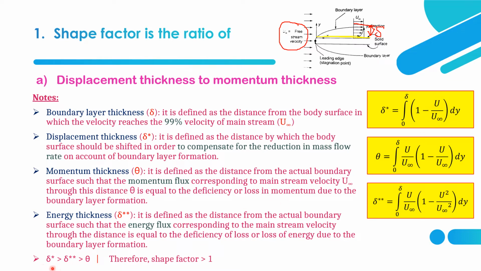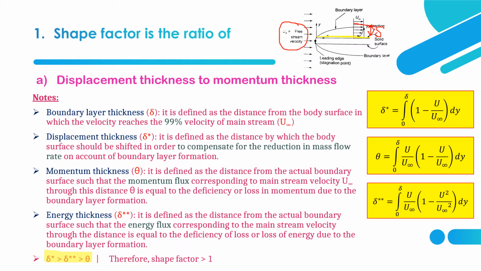And there is another point: displacement thickness is always greater than energy thickness, and that will be always greater than momentum thickness. So from this we can get momentum thickness is always lesser and displacement thickness is always greater. So that is why shape factor is always greater than 1. What is shape factor?